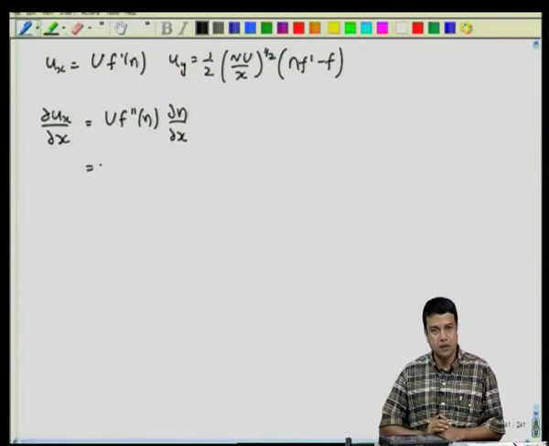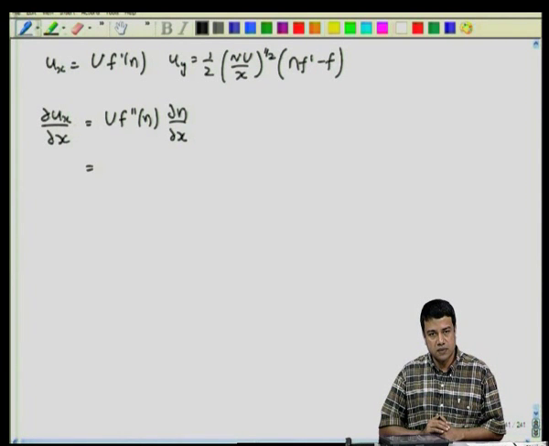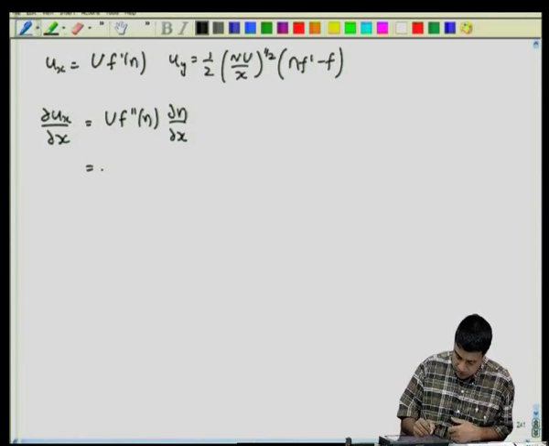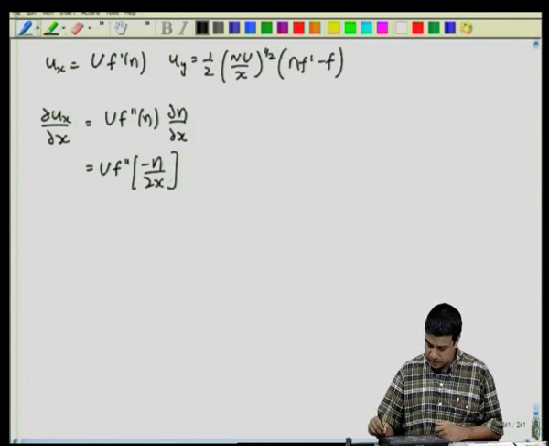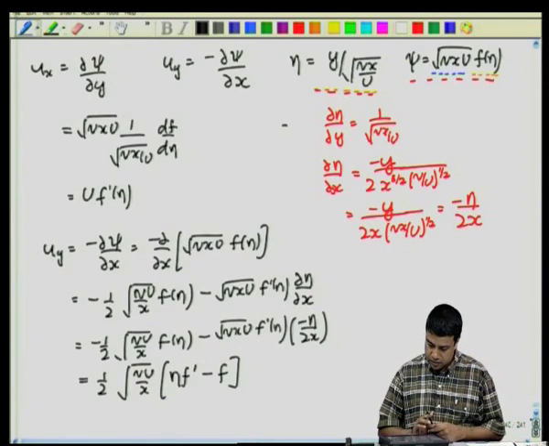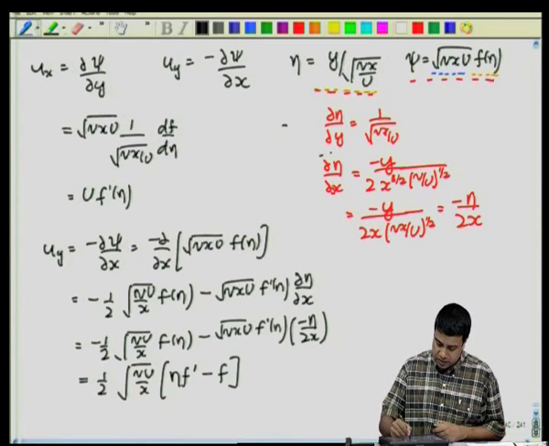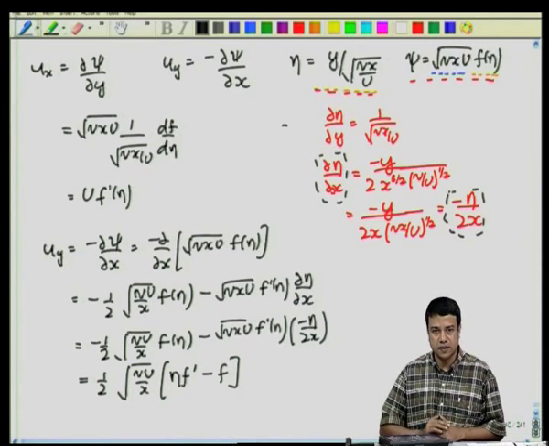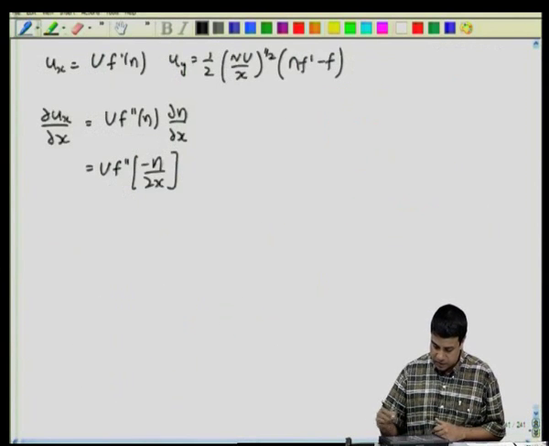And as you recall, this was equal to u f double prime into minus eta by 2x, because partial eta by partial x was equal to minus eta by 2x. So, that is the derivative partial u_x by partial x.